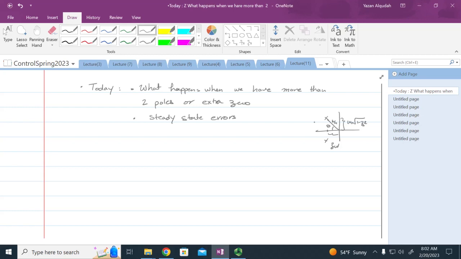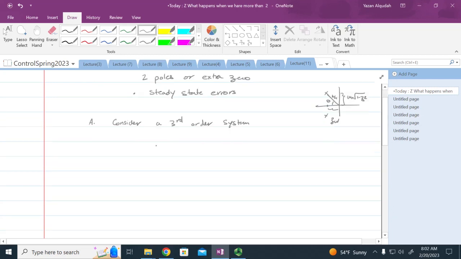Now, what happens if we have a system where we have a third pole in the system? So let's look at a system that is a third order. And therefore, the transfer function, G of s, is given by something like this: omega n squared over s plus alpha, multiplied by s squared plus 2 zeta omega n s plus omega n squared.